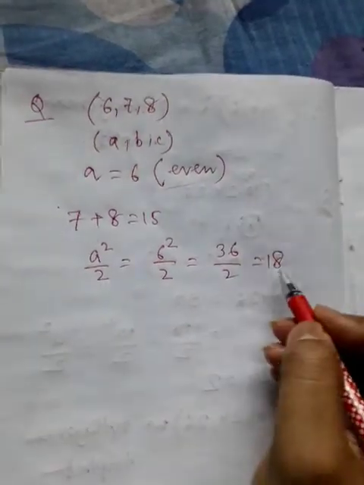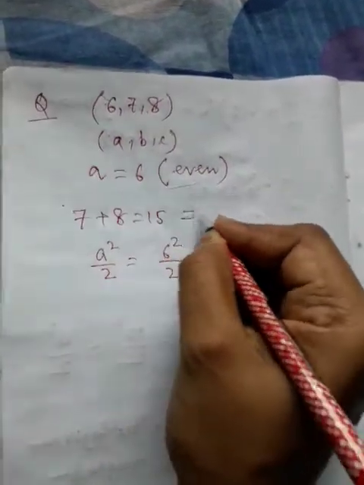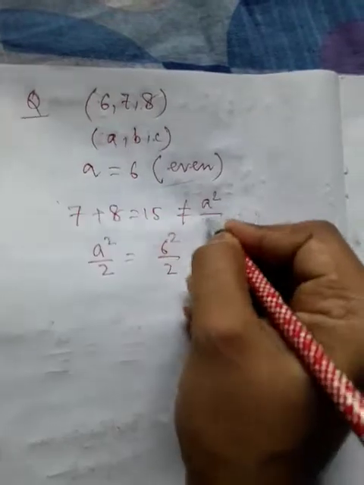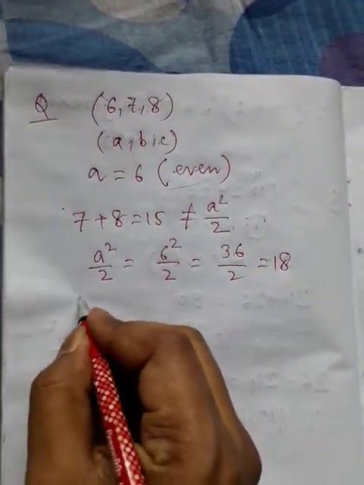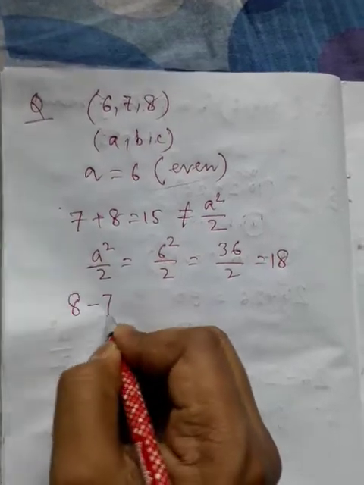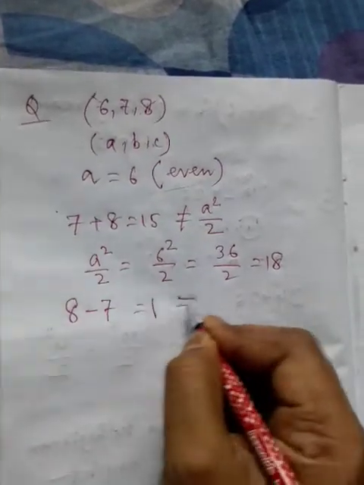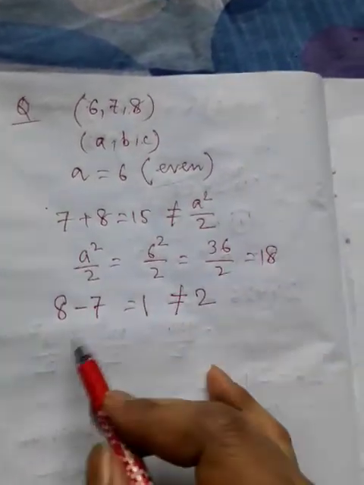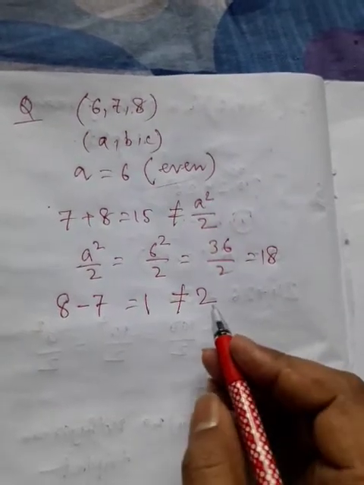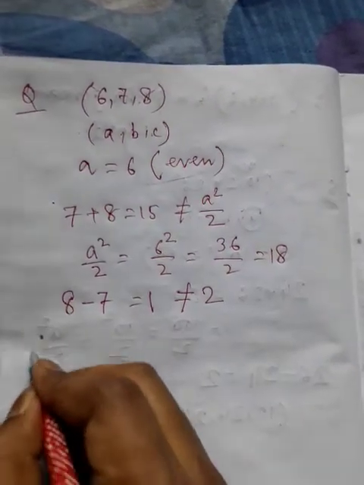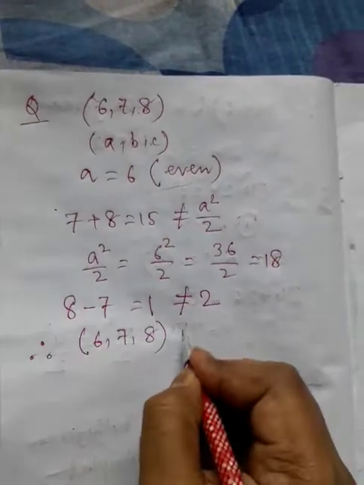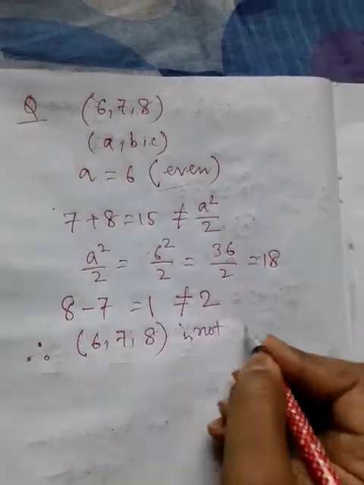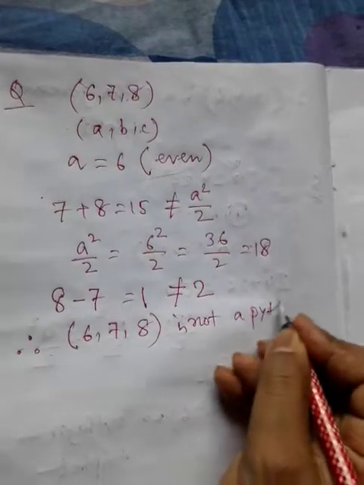So A square by 2 is 18 and their sum is 15, which is not equal to A square by 2. And if we check their difference, 8 minus 7 is 1, but it should be 2. So it is not equal to 2. Then we can say 6, 7, 8 is not a Pythagorean triplet.